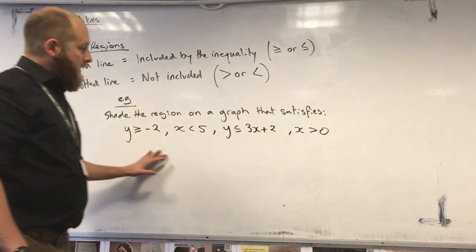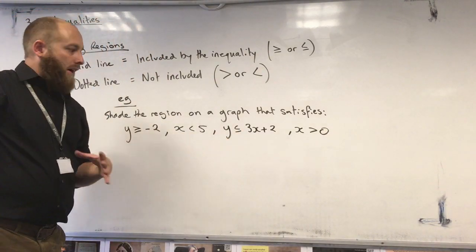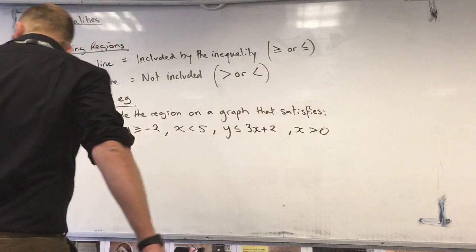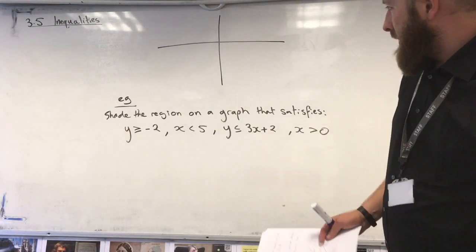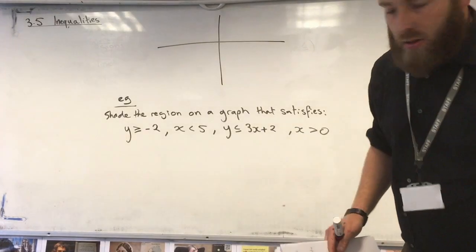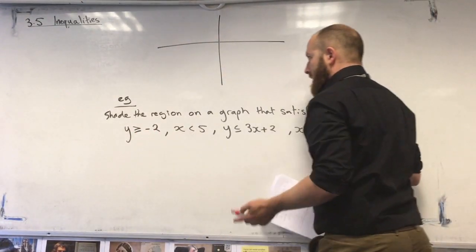So we've got 4 different inequalities to satisfy on a graph. So I'll just get a bit more space. First of all, y is greater than or equal to minus 2. Because that's inclusive, it means we're going to use a solid line.